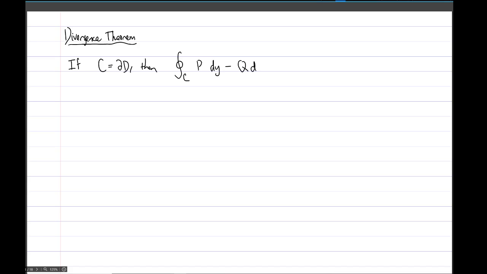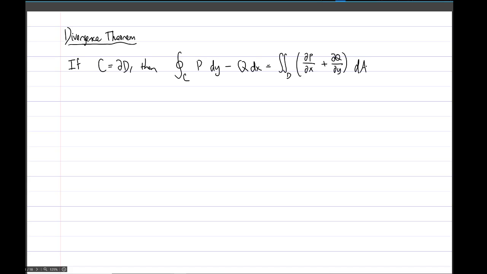Now again, this is not the most usual version of Green's theorem. This ends up being the double integral over the two-dimensional region D of the partial derivative of P with respect to x plus the partial derivative of Q with respect to y dA.